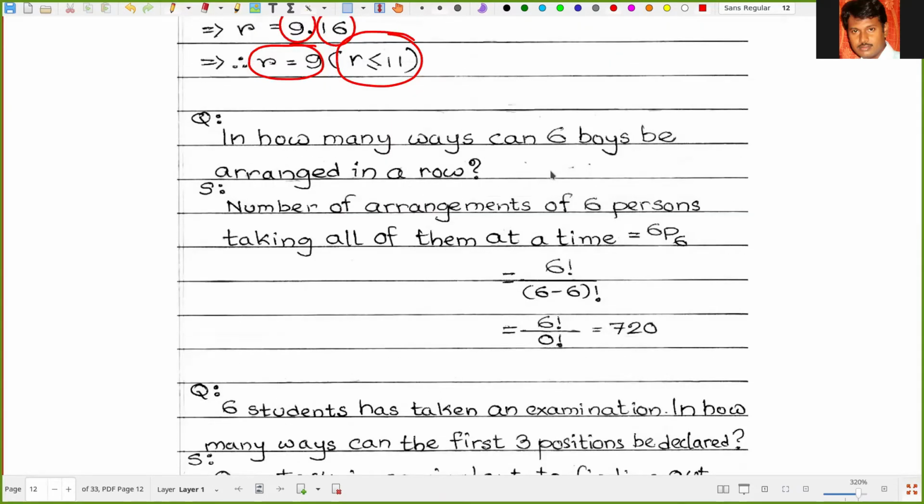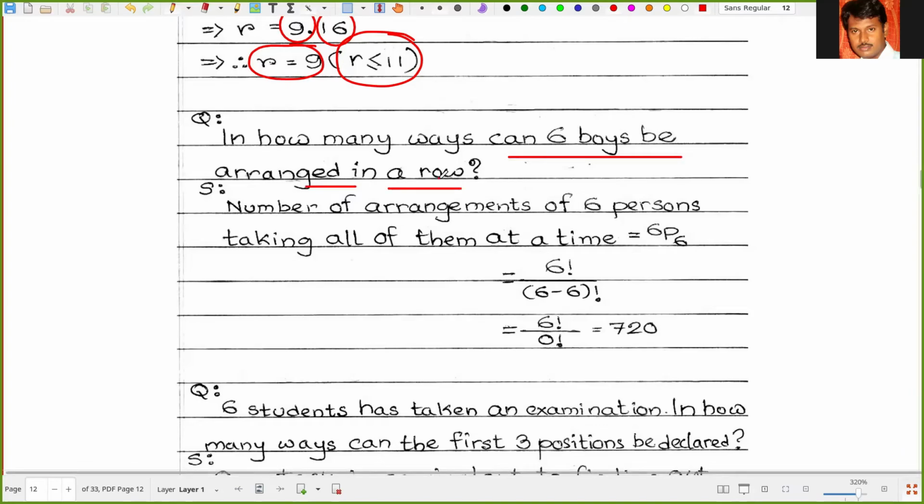Now the next question. In how many ways can 6 boys be arranged in a row? Once again, in how many ways can 6 boys be arranged in a row? Now we are taking 6 boys among 6 boys. So that must be 6P6.